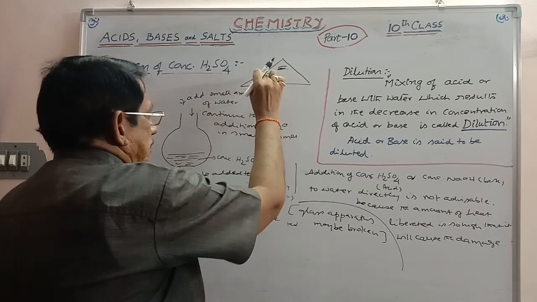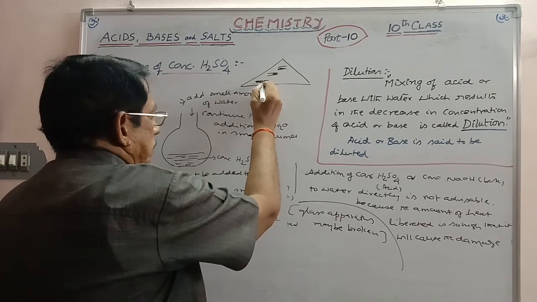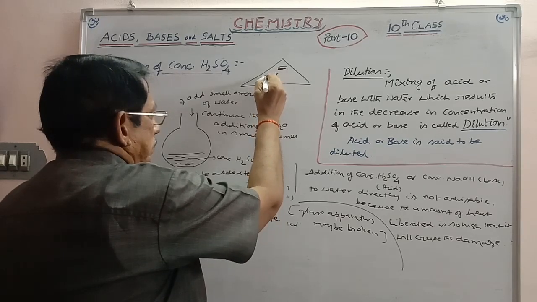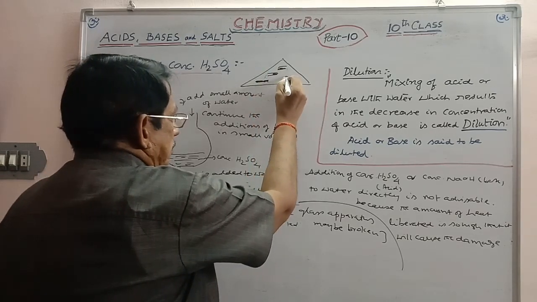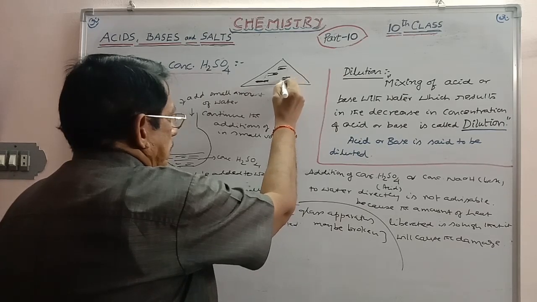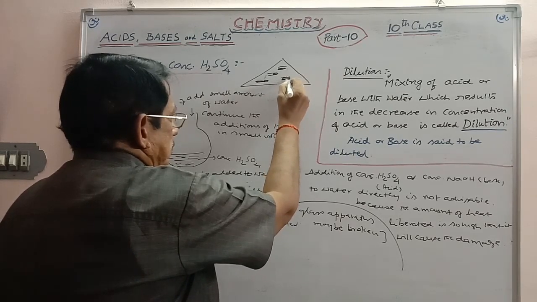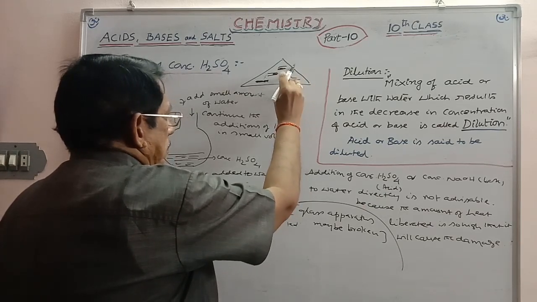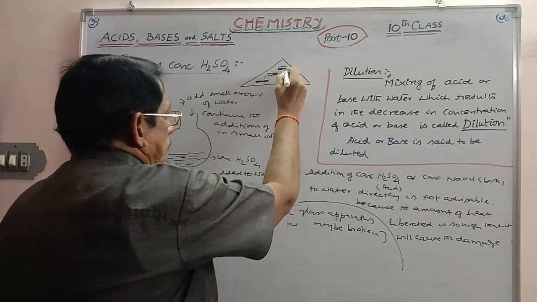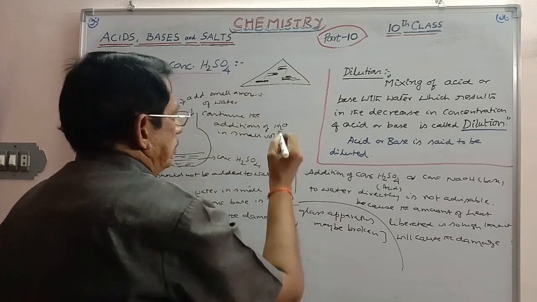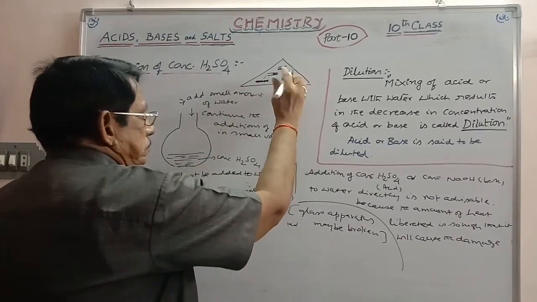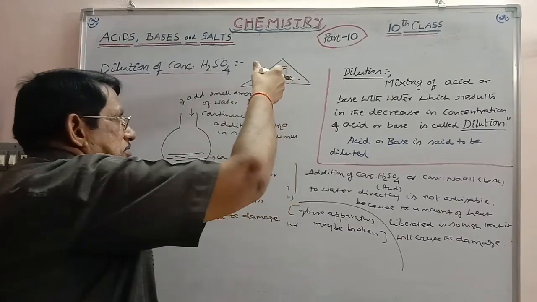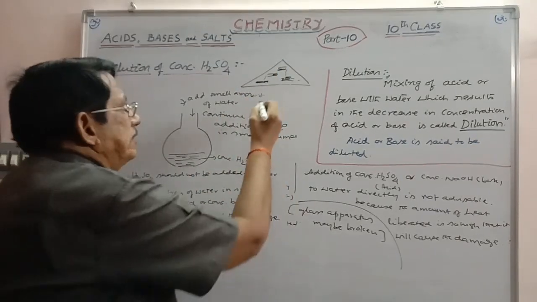Damage will be shown here. Or you can take just a hand. A damage will be there when it is dropped on this. So in this way, this is the sign.